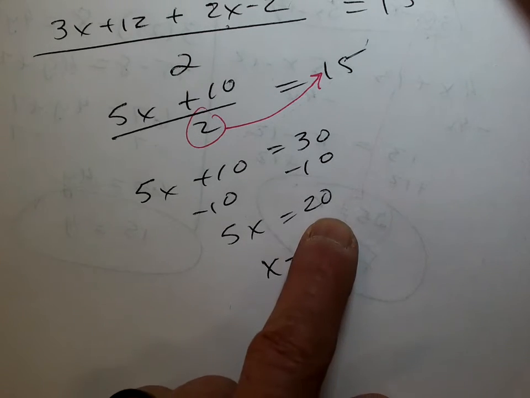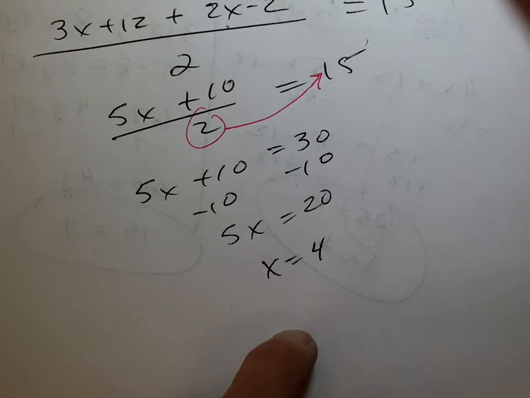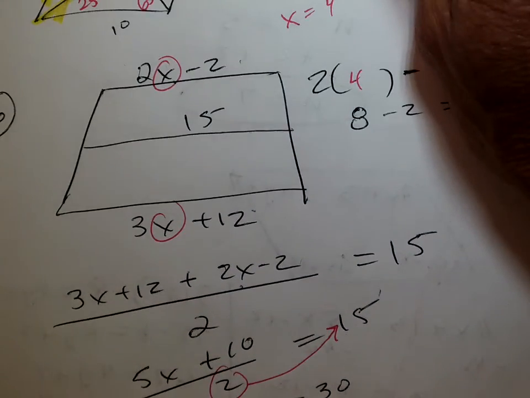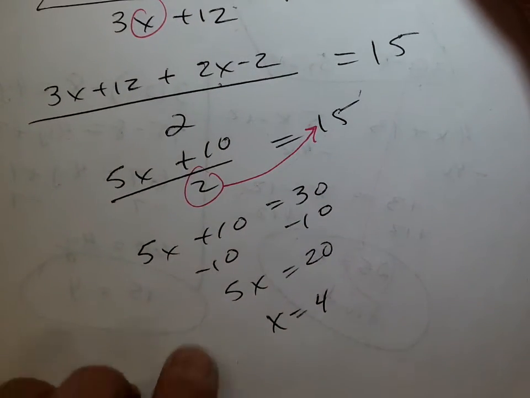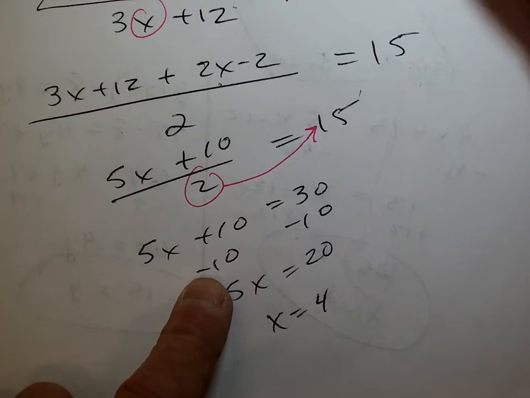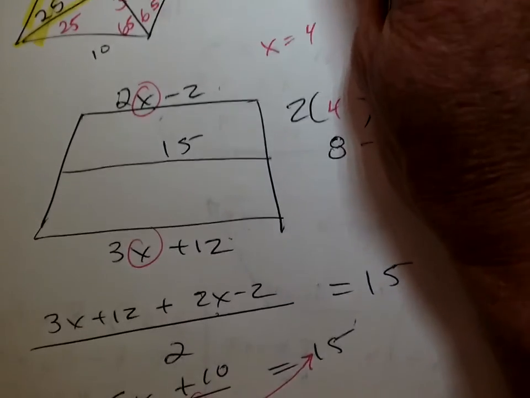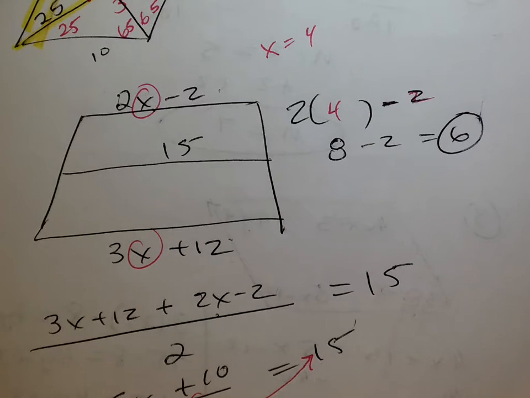Divide by 5, divide by 5. Oh, the minus 10. Okay, right. I'm going to bring it up in a second. You can keep showing. I'm just going to get this wrong in the test. Okay, you ready?